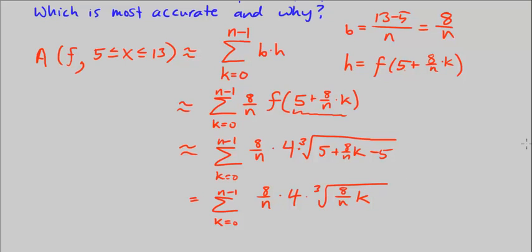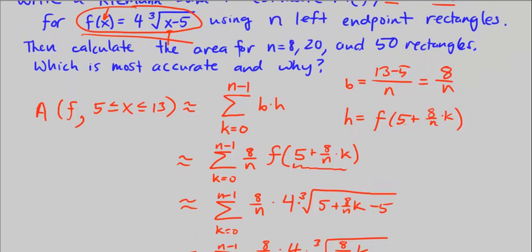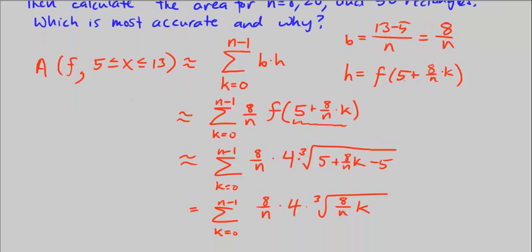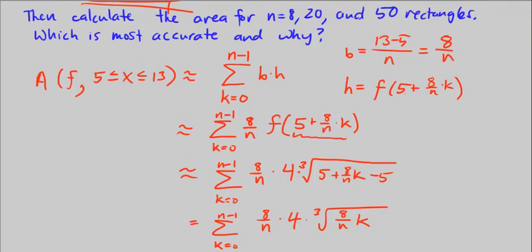So that's what we have. We want to calculate the area for n equals 8, 20, and 50. Let's go ahead and do this.